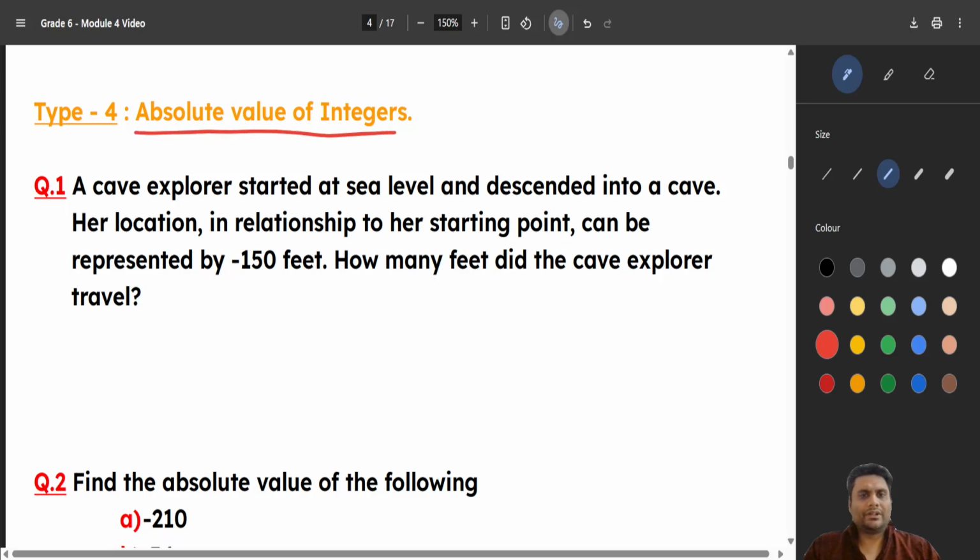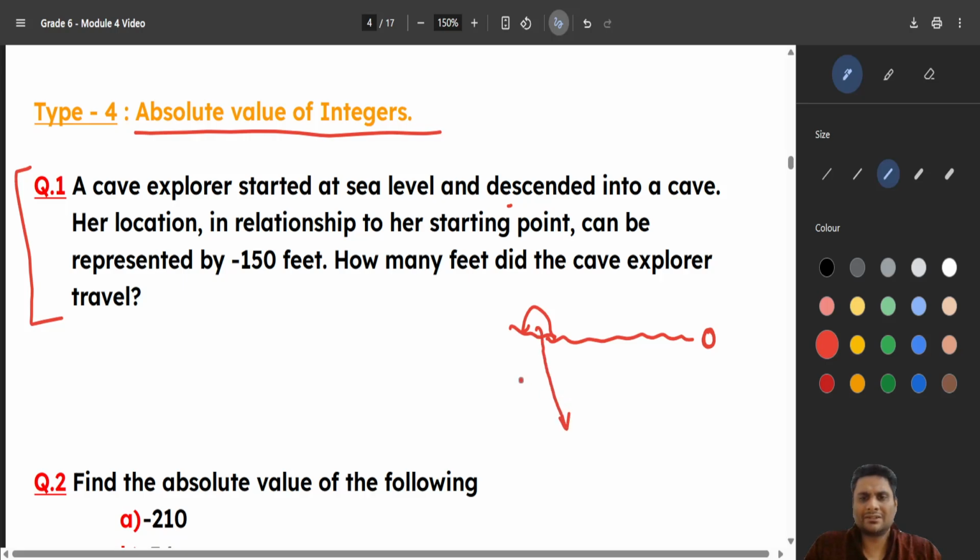Absolute value of integers. We have to read this question and try to find the absolute value. A cave explorer started at sea level. So this is my sea level. Sea level is always 0. And descended into the cave. So there is a cave, let's say here, and he is going down.